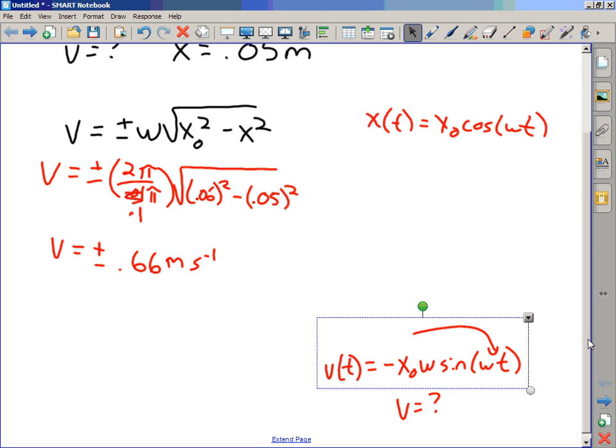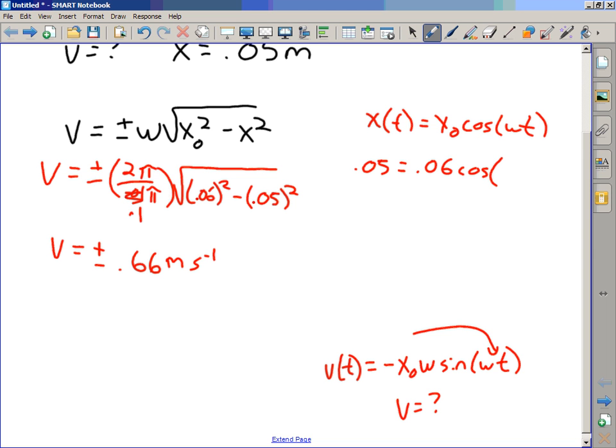Okay? So this becomes 0.05 equals 0.06 cosine of, we already figured out omega over here. What's 2 pi divided by 0.1 pi? 20. Yeah? Okay. So 20t. Are you tracking with me so far?